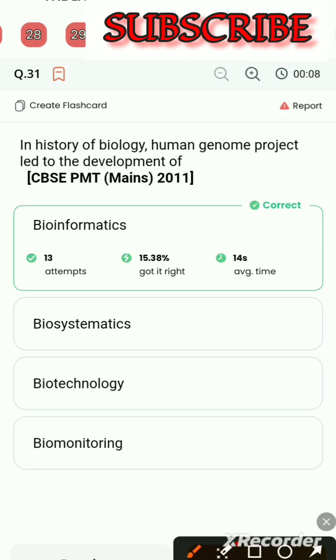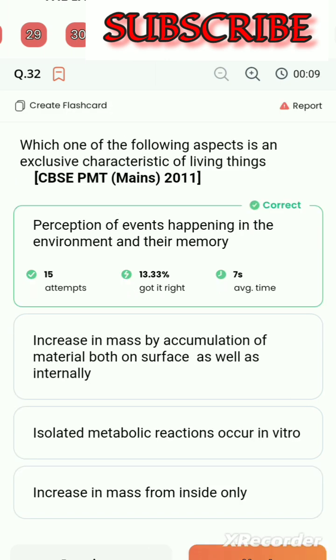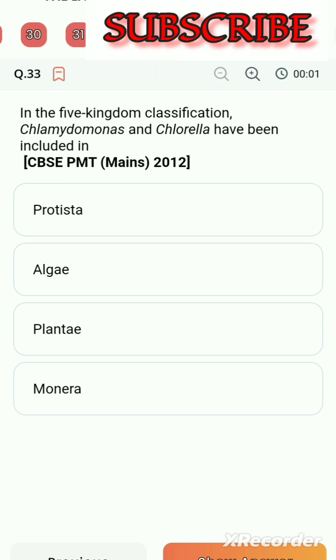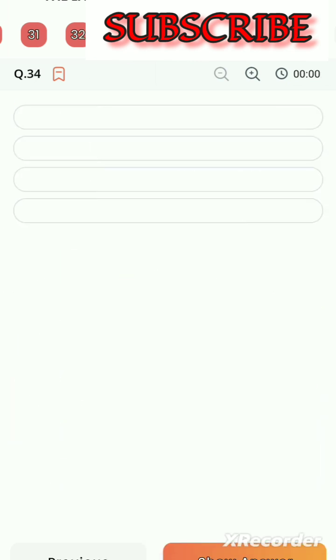Option A. 32, which one of the following aspects is an exclusive characteristic of living things? Perception of events happening in the environment and their memory, option A. In the 5 kingdom classification, Chlamydomonas and Chlorella have been included where? That is in the Protista, because they are single cellular eukaryotes.